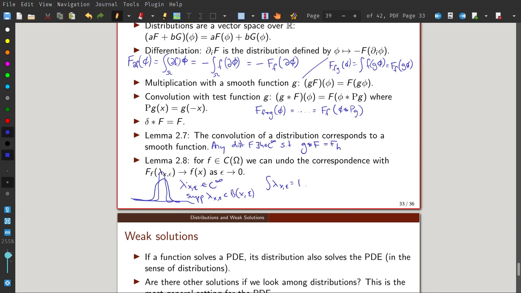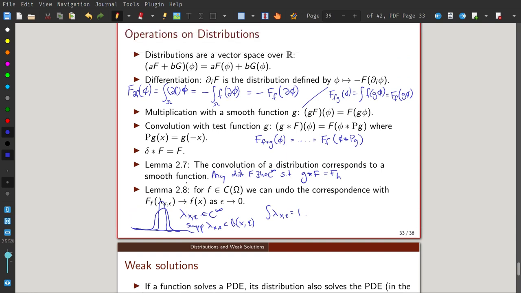It might not converge, etc. Maybe if you want an exercise, try what happens with this limit if you take the delta distribution and apply a family of mollifiers to it. What is the function that you get back? You don't get a function back, but exactly how that happens is a good exercise for you to see.